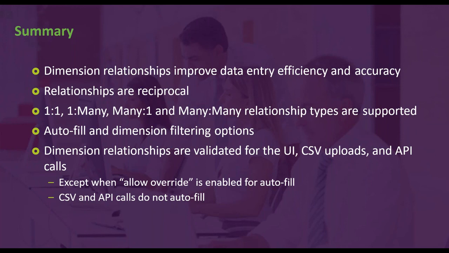Dimension relationships, in fact, are validated through the UI, the CSV uploads, and the API calls. One thing you'll want to keep in mind is that they will not conform to the autofill feature if you're bringing in an import through the CSV or the API.